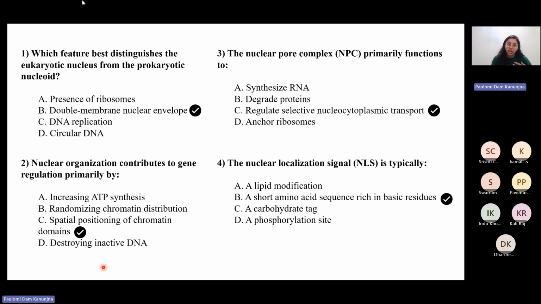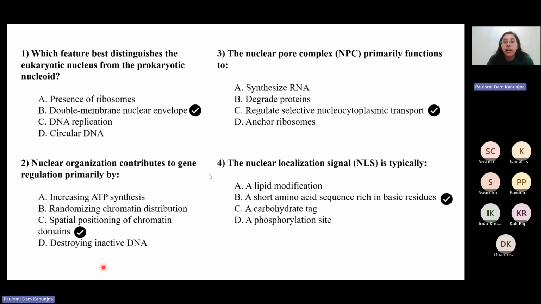But in eukaryotes you have very nicely demarcated compartmentalization, where you have the nuclear envelope, which is double membrane in nature and is the defining structural feature of a eukaryotic nucleus. And this separates transcription from the translation machinery.